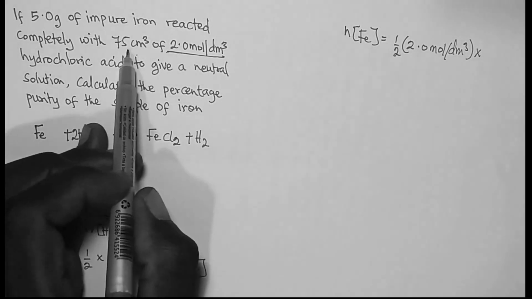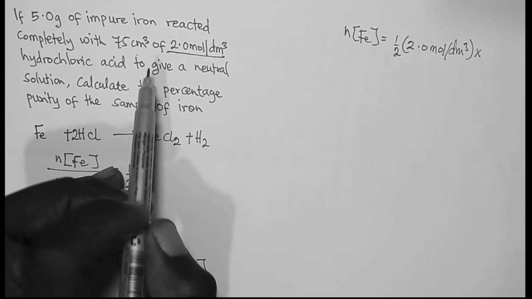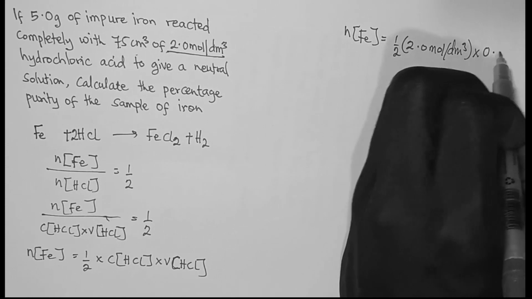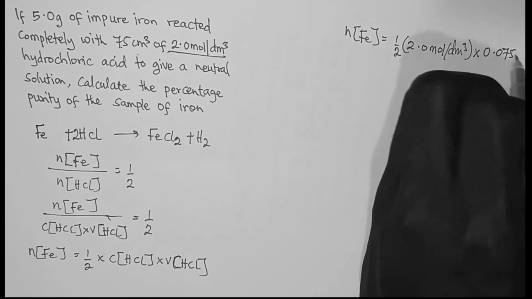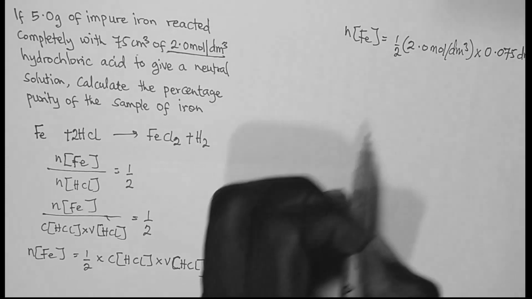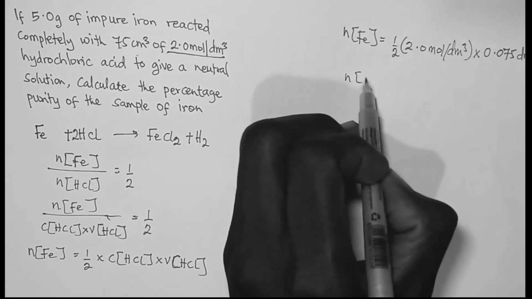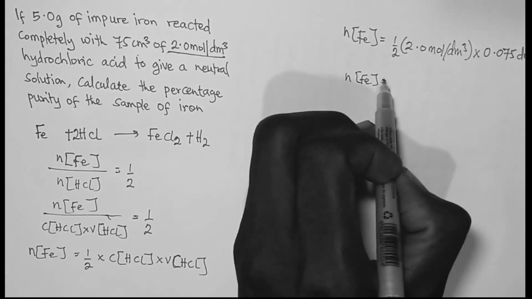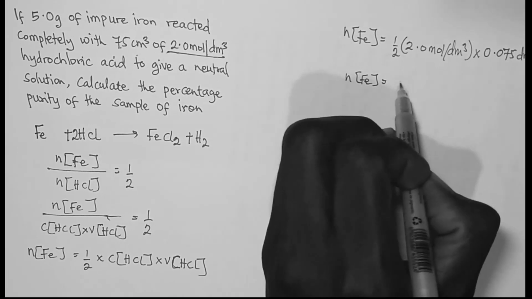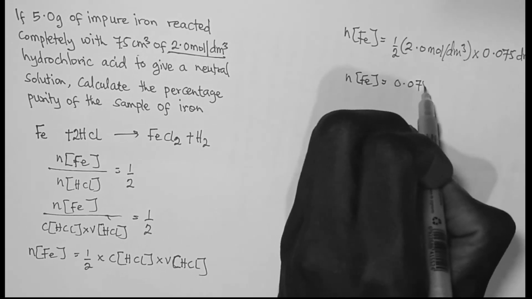The volume was given as 75 cm³, which is the same as 0.075 dm³. So at the end of the day, the number of moles of the pure iron sample is equal to 0.075 moles.